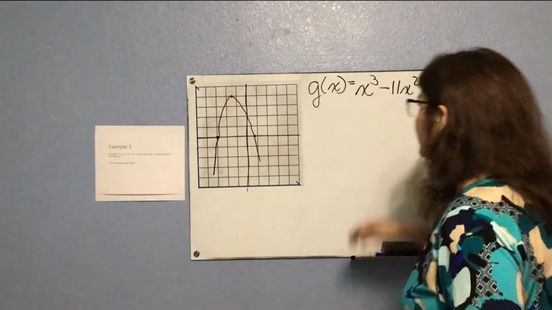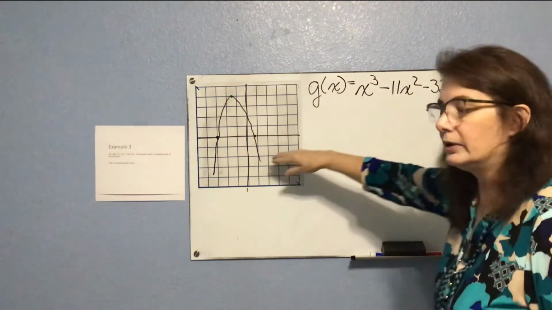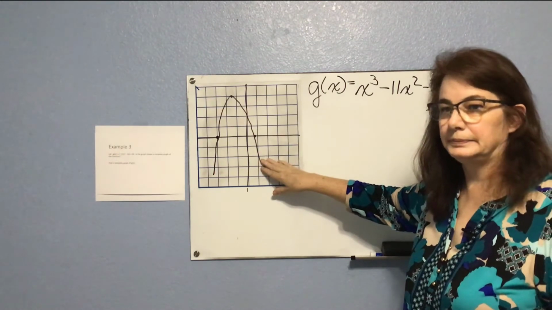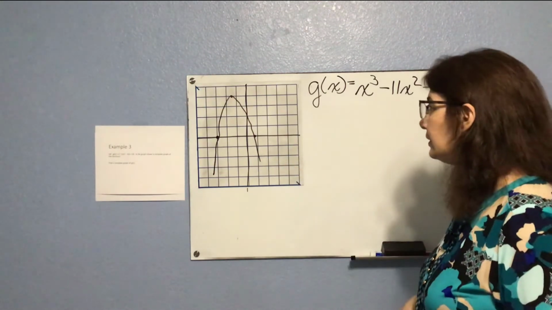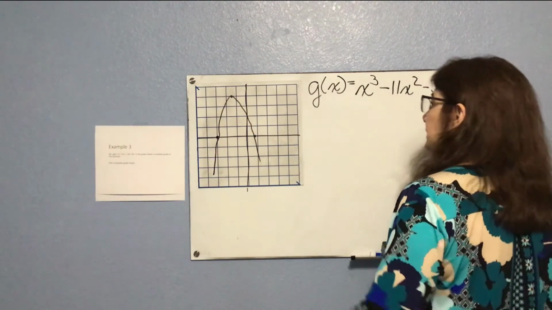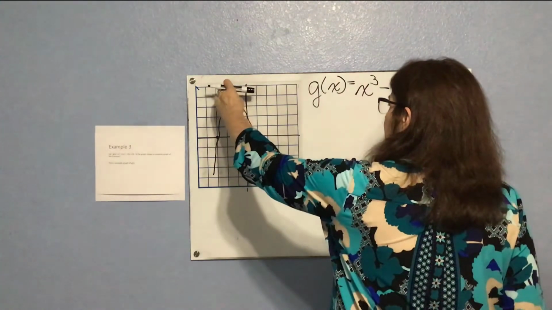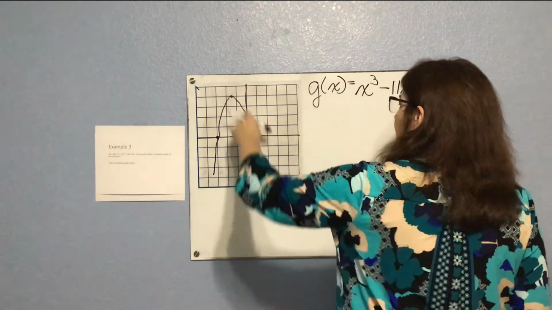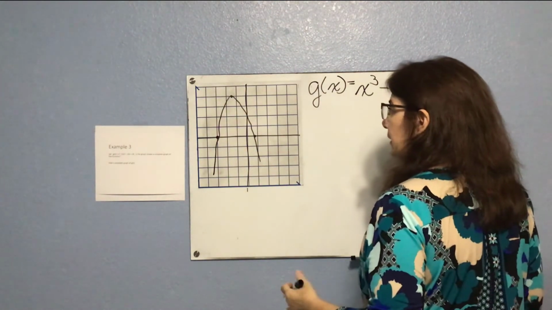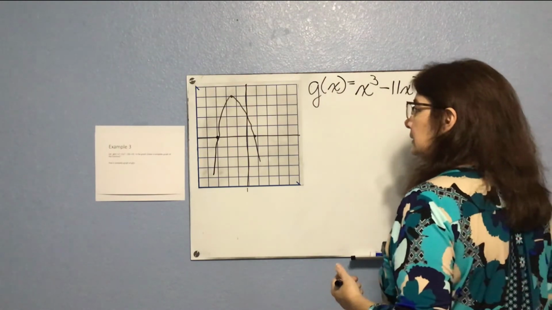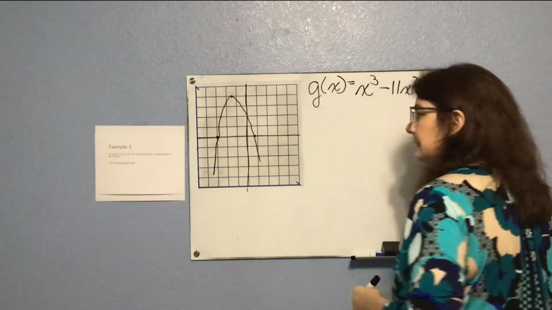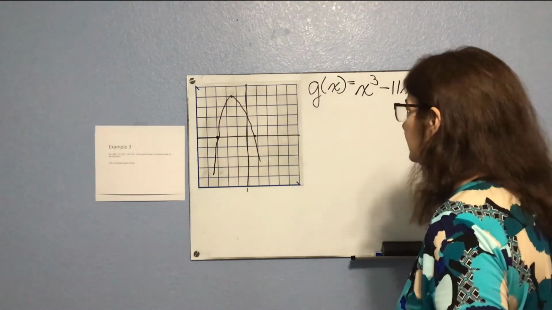So for this third degree polynomial, could this be the graph? And the answer is no. Because I've got just one peak, and it's possible that that could still be a third degree, but I would expect to see two. I would expect to see 3 x-intercepts, and I've only got 2 of those.